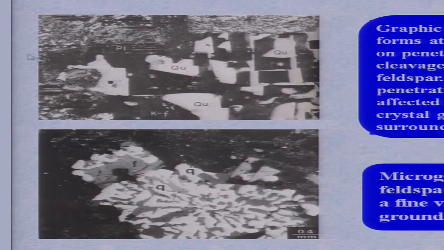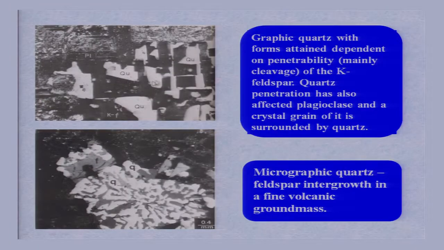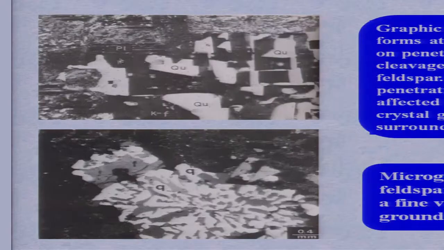Here in this slide, this is a thin section, the rock seen under the microscope: graphic quartz with forms attained dependent on penetrability of the K feldspar. These grains penetrate K feldspar. Quartz penetration has also affected plagioclase.